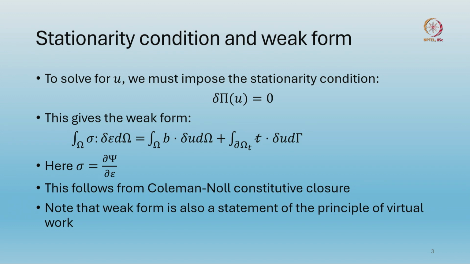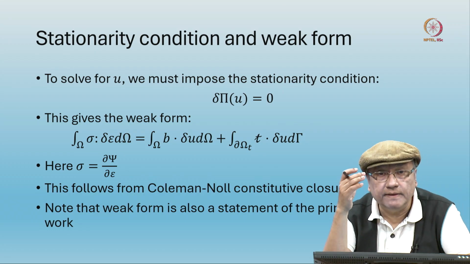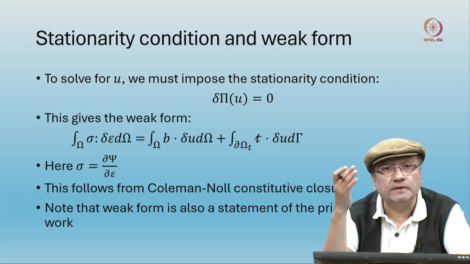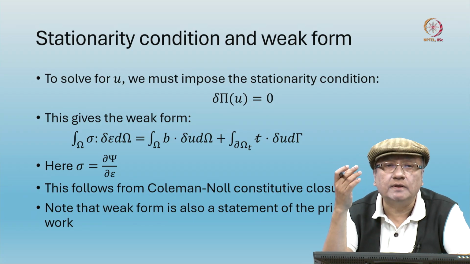Let us now talk of the stationarity condition, because we need to minimize pi with respect to u. But u is a field, it is not just a vector, it is a vector valued function of x. So, we typically talk of the variation of pi, in the same language as we use in the principle of virtual work.